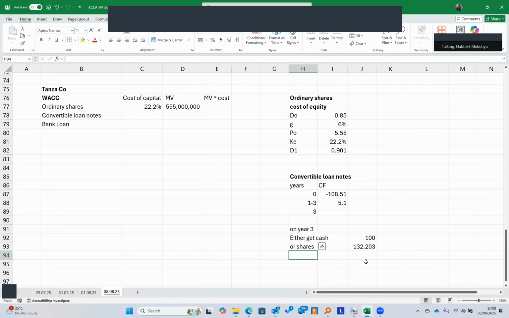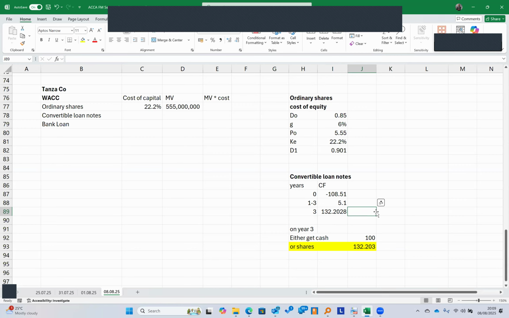So that is 132. So if you are to choose between these two, you choose the higher, right? That's how you choose. So we have conversion here. Or we don't have to write the conversion, but we can write the 132. That's what we shall convert to.